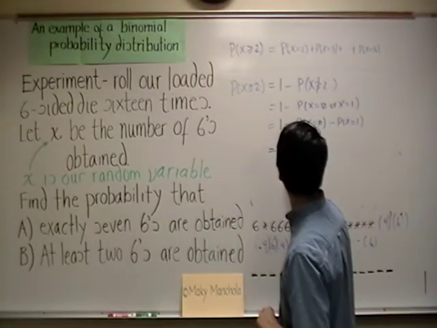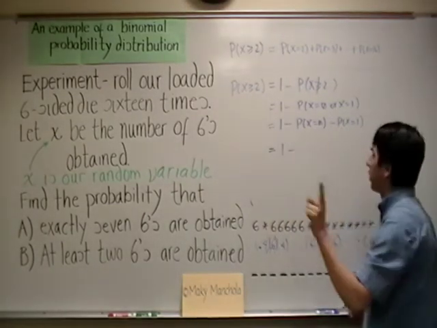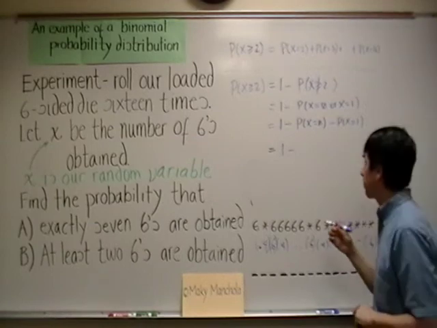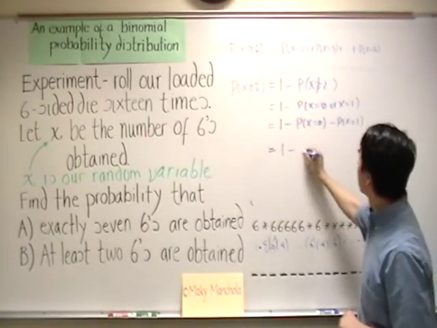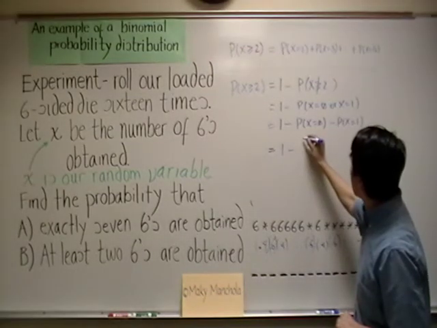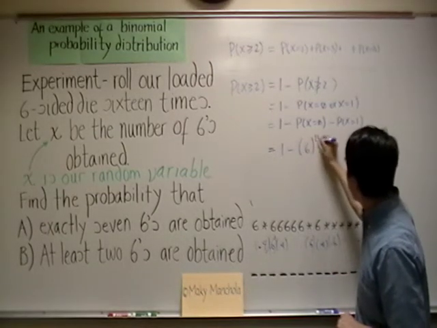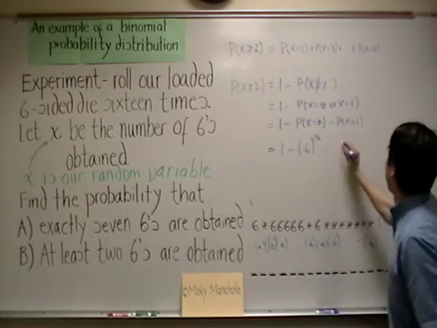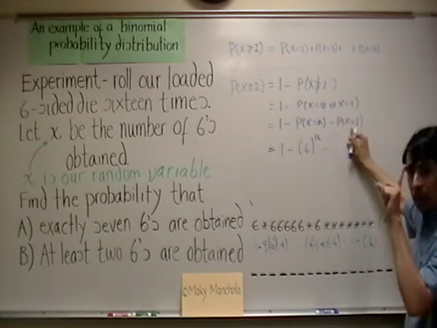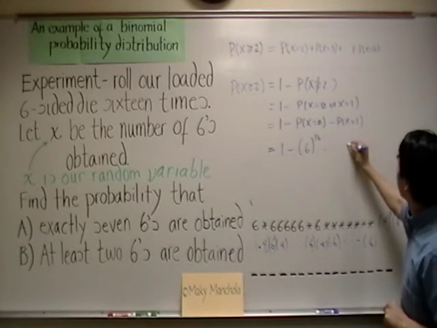So it's going to be 1 minus probability x equals 0. Now you want 0 sixes, then that means that all the 16 will be non-sixes. So it's 0.6 to the 16th power because all of them are non-sixes. Minus, now here you want 1 six, so that's 0.4.